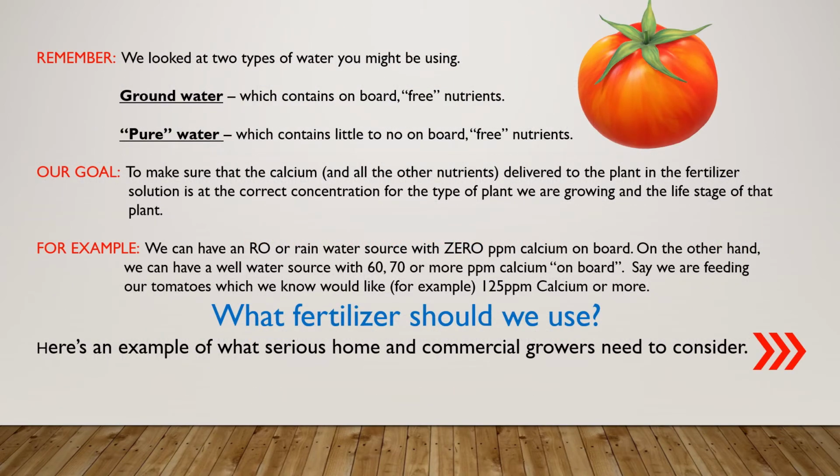First, I'll ask you to just remember that we could either be using groundwater with some or plenty of free nutrients on board, or pure water with little or no free nutrients on board.